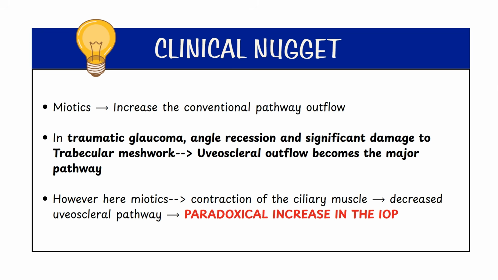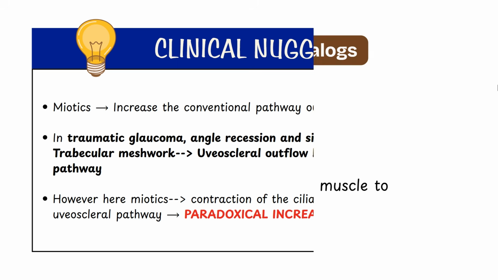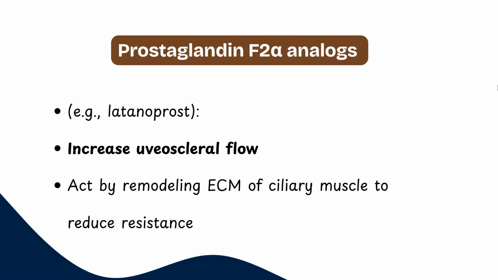Now, in these cases, if we administer miotics to the patient, there will be contraction of the ciliary muscle and there will be decreased uveoscleral outflow. That means we will be compromising the only pathway which is working for the patient, that is the uveoscleral outflow, and therefore there will be a paradoxical increase in the intraocular pressure in these patients.